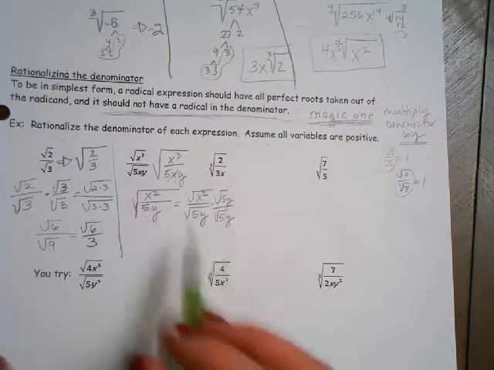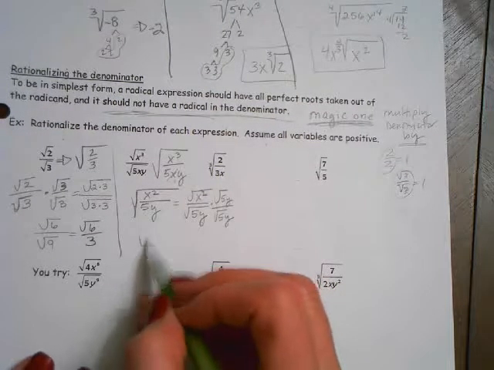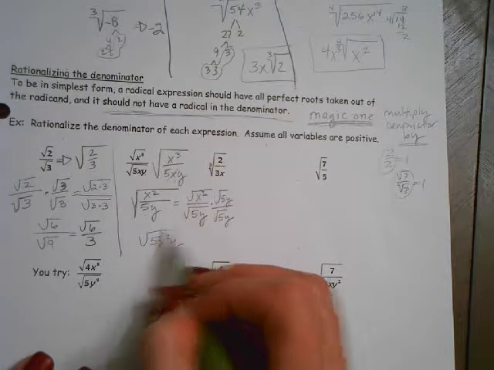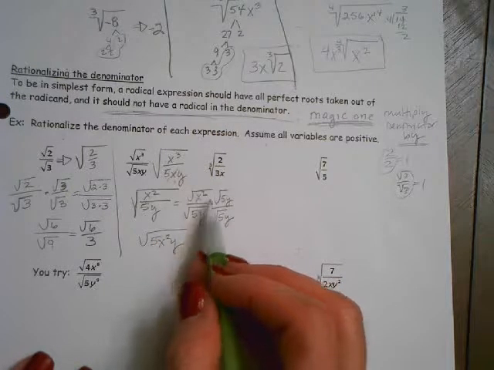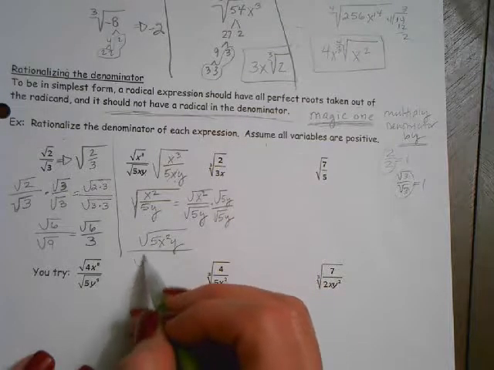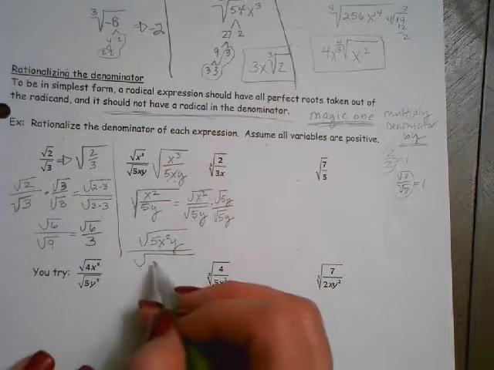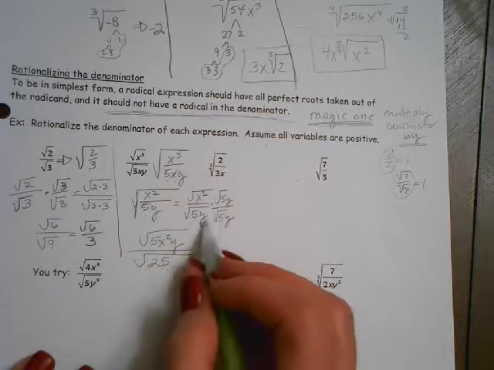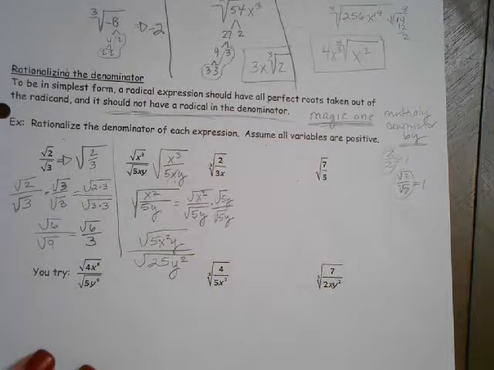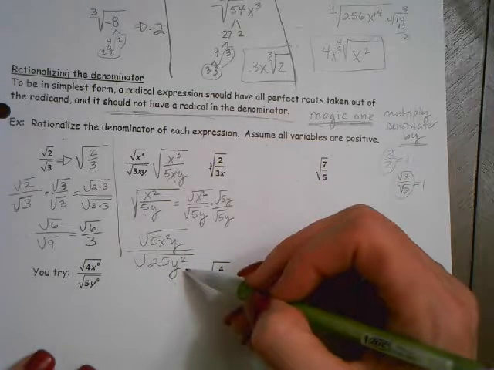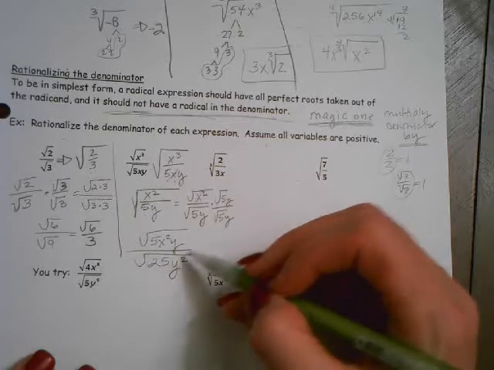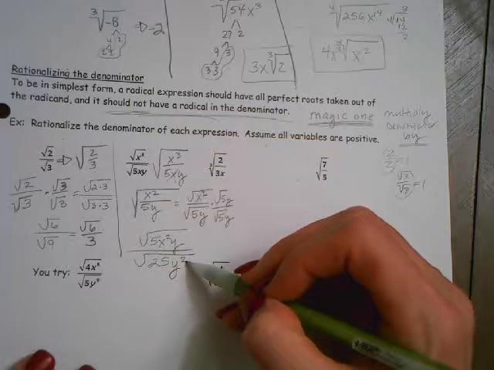When I do that, my top becomes the square root of 5x squared y. I'm just rearranging the top, so it's like x squared times 5y. My bottom then becomes the square root of 5 times 5, which is 25, and y times y, which is y squared. I can then reduce my bottom because the square root of 25 is 5, and the square root of y squared is just y.